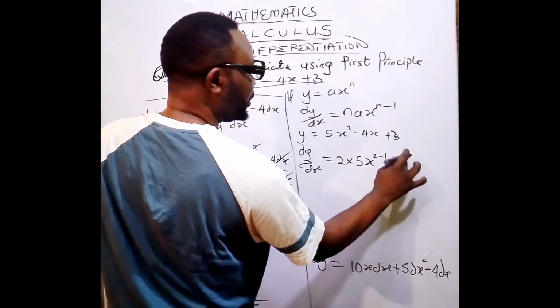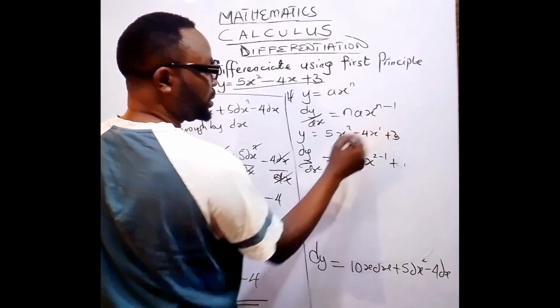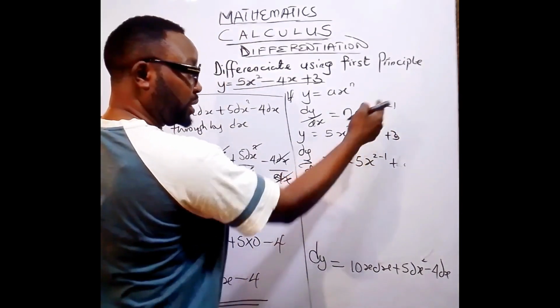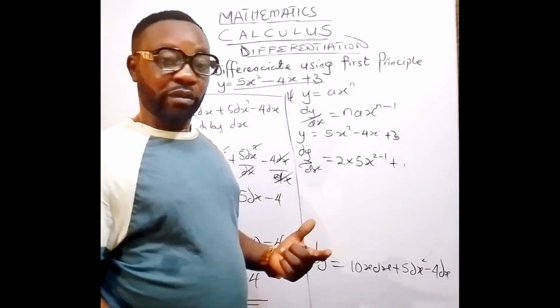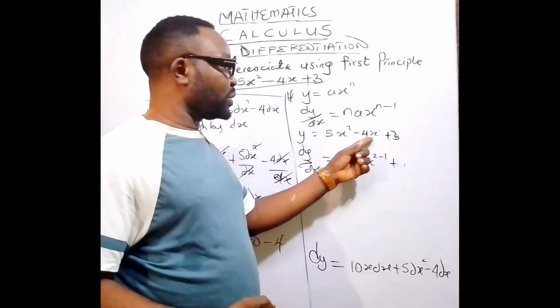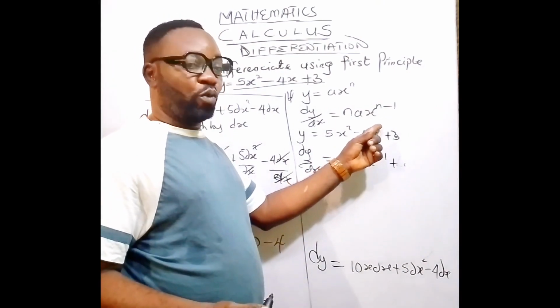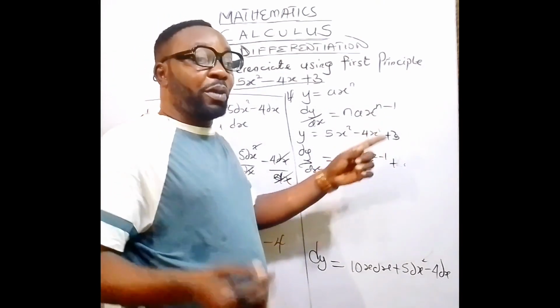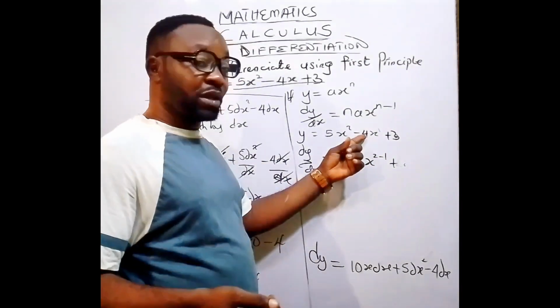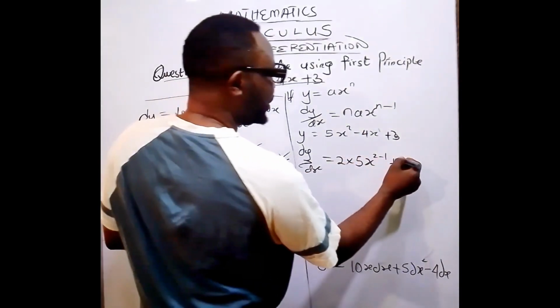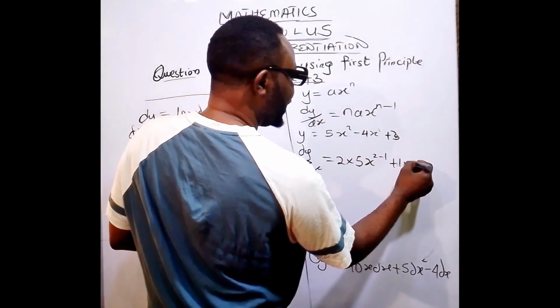What is our n here? That will be 1, because you can see that there's nothing on it, but you cannot call it 0. It is 1. It will just be 4, because if you call it 0, x raised to 0 will be equal to 1. So it will be 1 multiplied by minus 4.